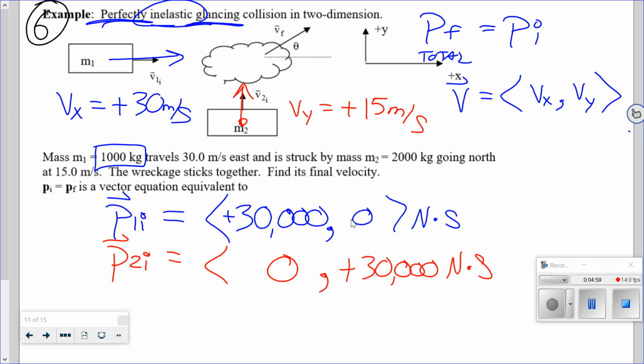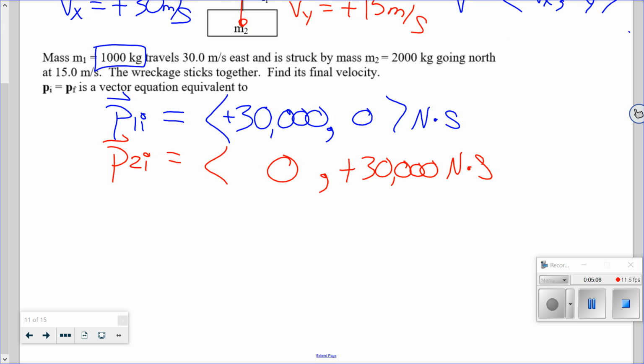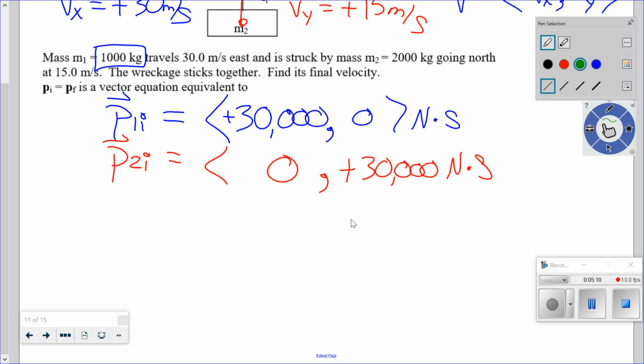So if I add those vectors, and they stick together, what does that mathematically mean in physics equations?